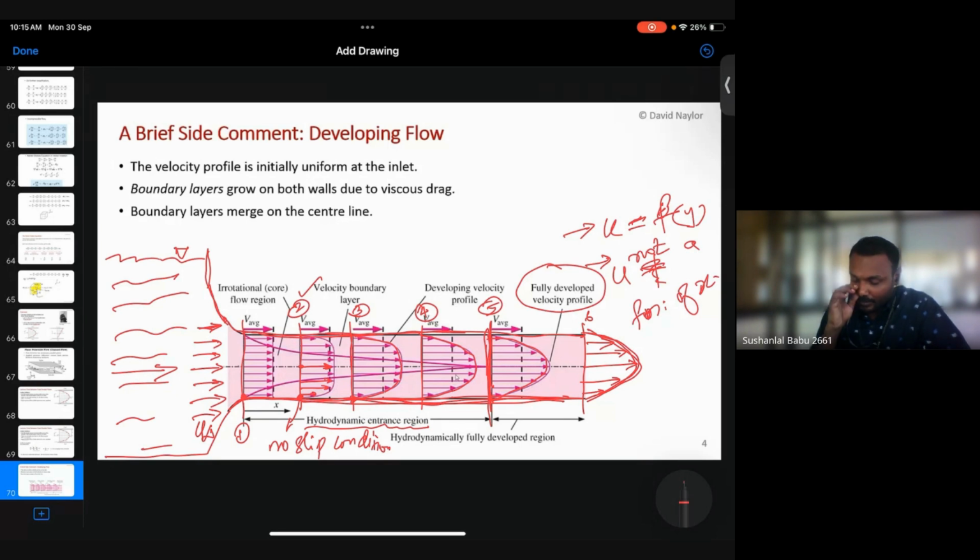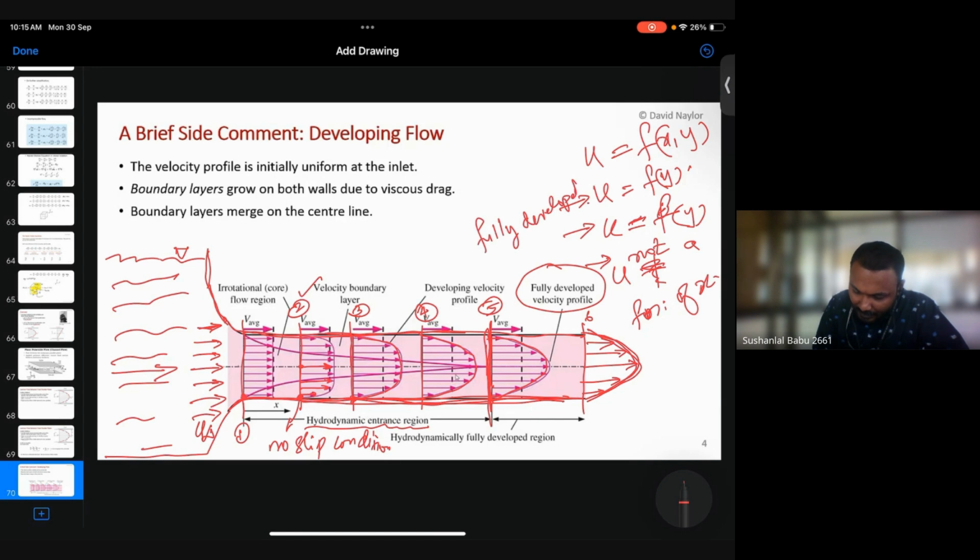And you have to explain it like this: in the entrance length, or developing region, u is a function of x comma y, and once it is developed, it becomes a function of y only. This is fully developed, and this is developing. This is the thing you have to keep in mind.